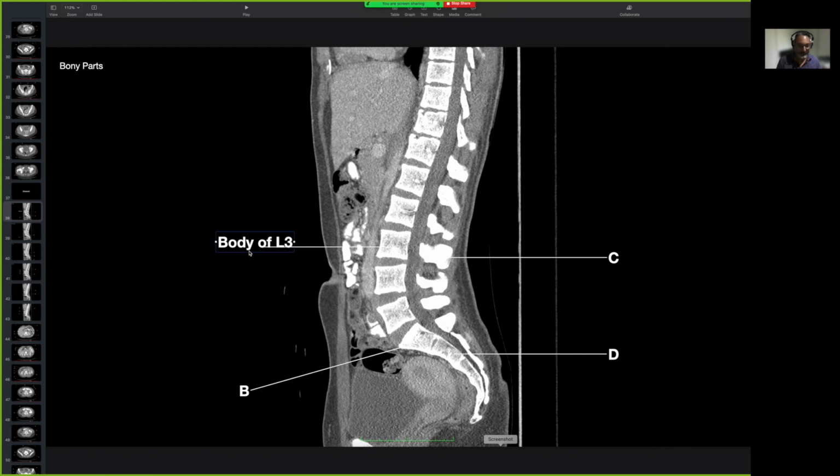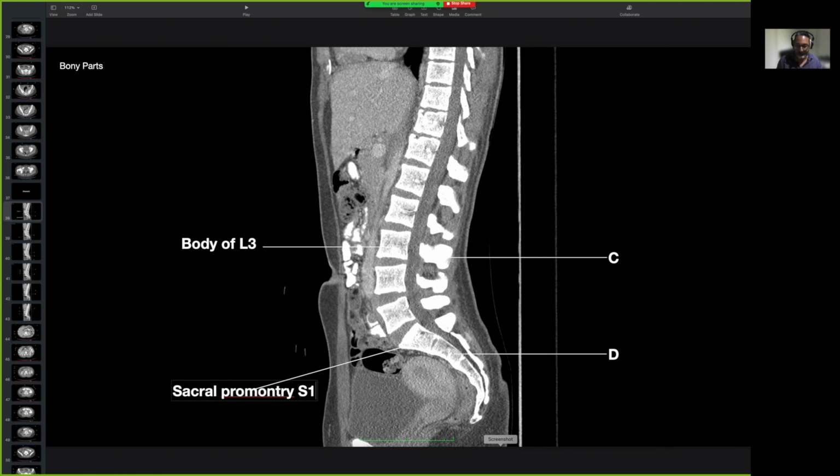And correct me if I'm wrong at any point. All right, what is B? Yes, so that is S1. It is also called the sacral promontory, I think. It's that little pointy part that moves forward of S1. But correct, that is S1.